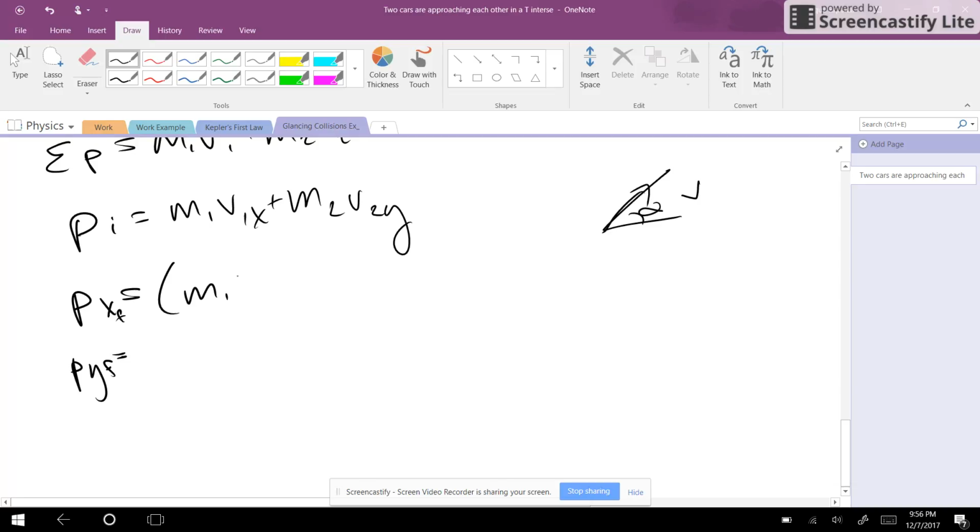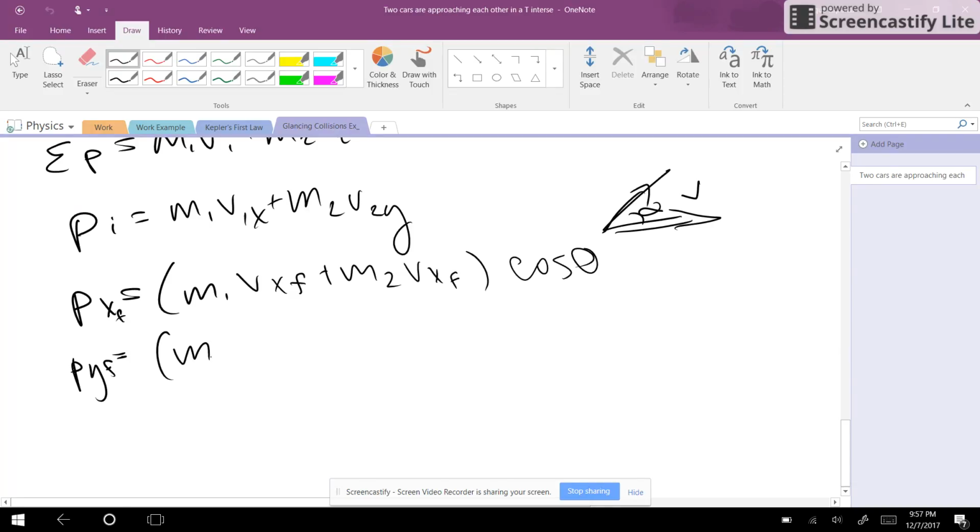So we can say momentum on the x is m1 vx f plus m2 vx f, and then we're going to have to get the cosine of that in order to get the right answer, because the velocity is not completely horizontal.